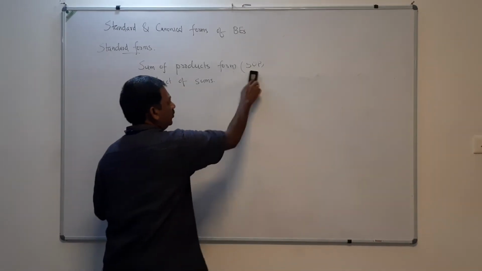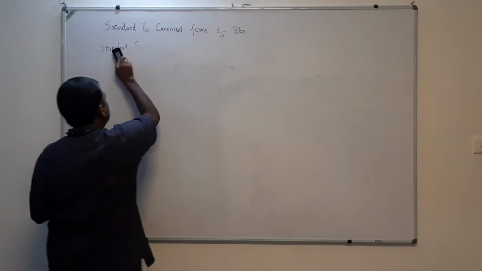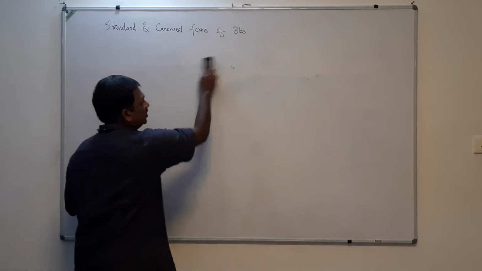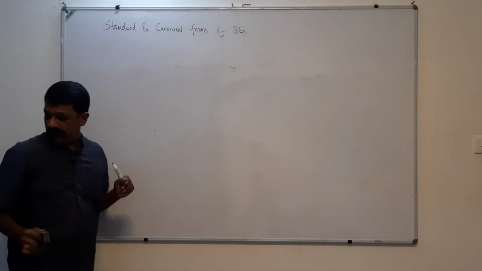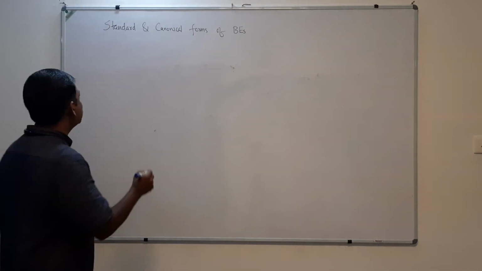Now we are going to discuss what are canonical forms. The discussion of standard forms is over, and now we are going to discuss canonical forms of Boolean expressions.